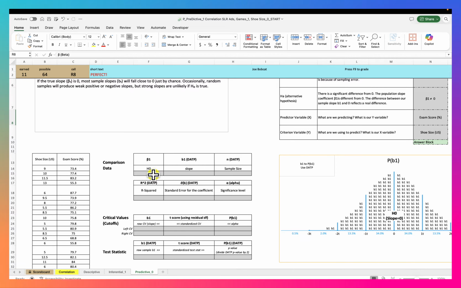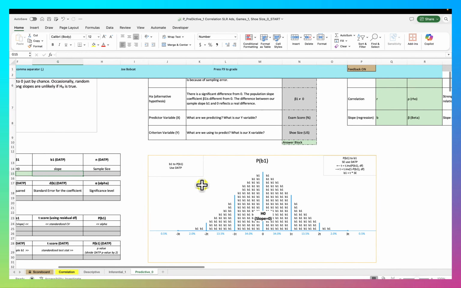Okay. So our assumption is that beta is 0. And now we're going to find, well, what actually is the slope if we graph this data? Now, we could calculate it with Excel functions, but as you can see here, this DATP means that we're actually going to grab all this data from the data analysis toolpack.